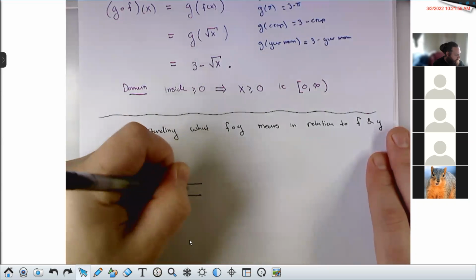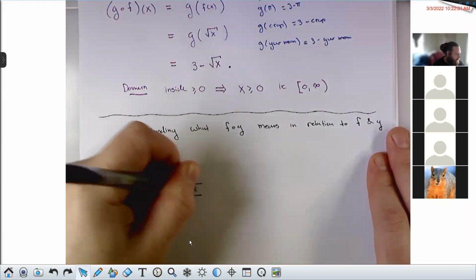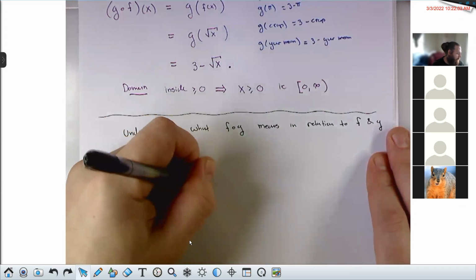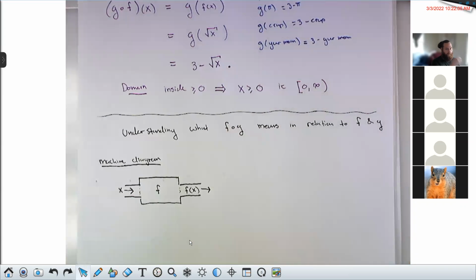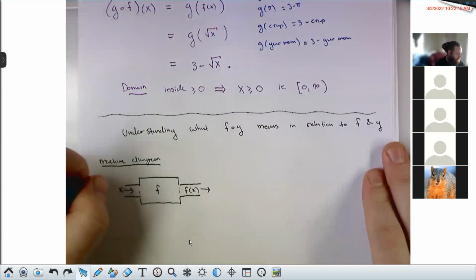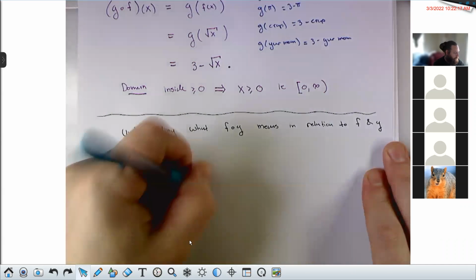And the thing it spits out is F of X. It's the output associated with the input X. So inputs come in, outputs go out.